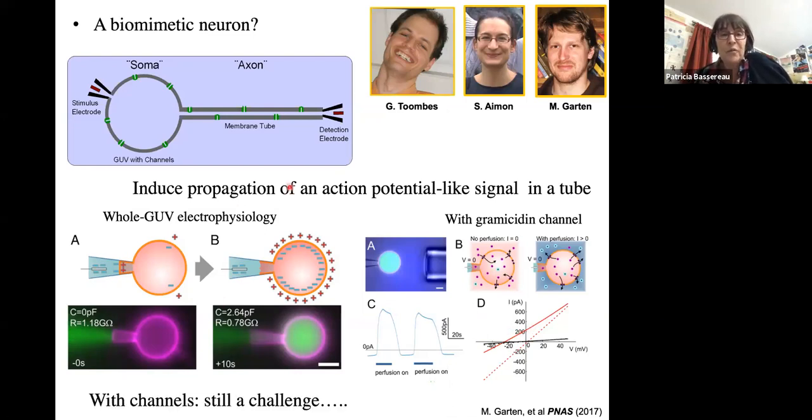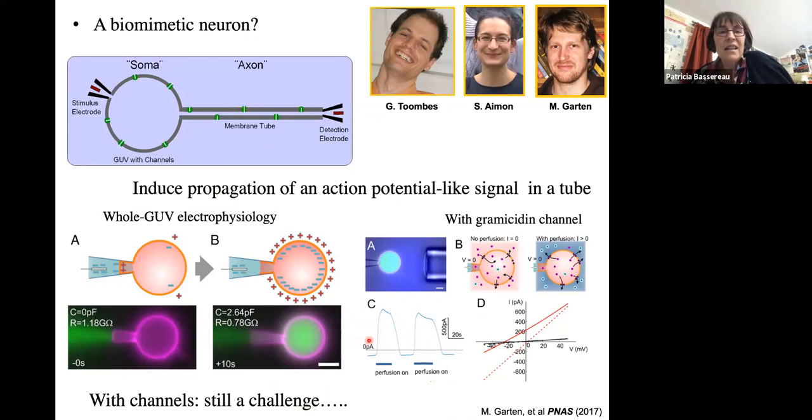I would say we never succeeded to do that with the potassium channel that we were using. So we never succeeded to get this action potential working. This is still a dream for me, but for the moment, it didn't work yet.